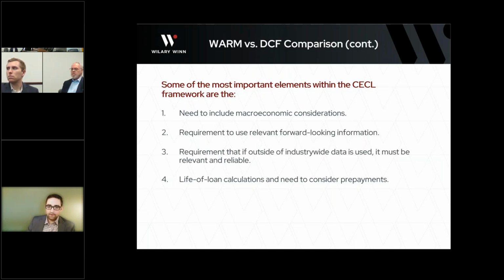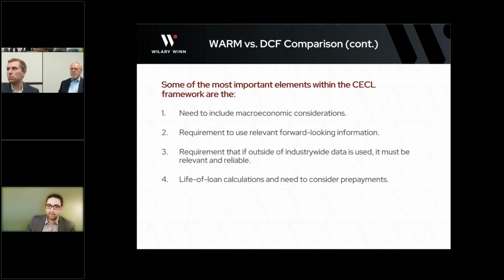Third is you can and absolutely should use external industry data, but it has to be relevant and reliable. You can't just apply peer averages without thinking about whether they actually reflect your institution's portfolio, geography, risk profile, loan mix, whatever it may be.